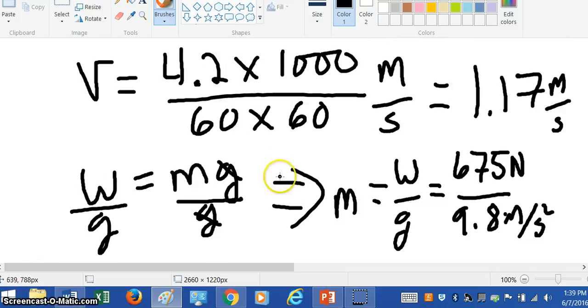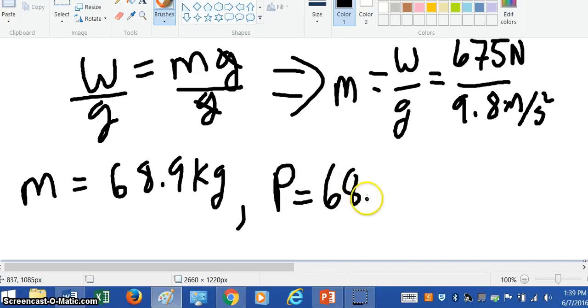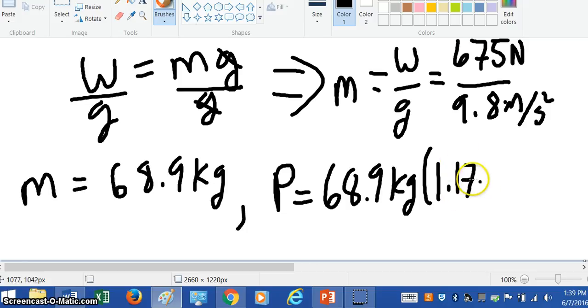And then, of course, we still have to solve for the momentum. That's the original problem. So the momentum is going to be mass times velocity, so 68.9 kilograms times 1.17 meters per second. I'll leave myself a little room for the answer. Alright, let me calculate it real quick.